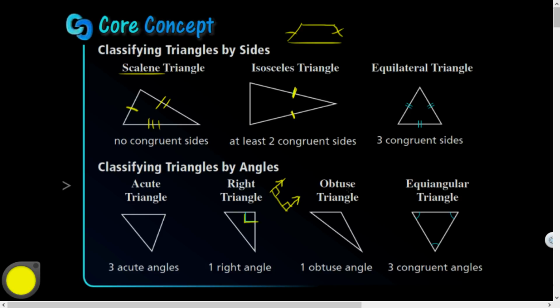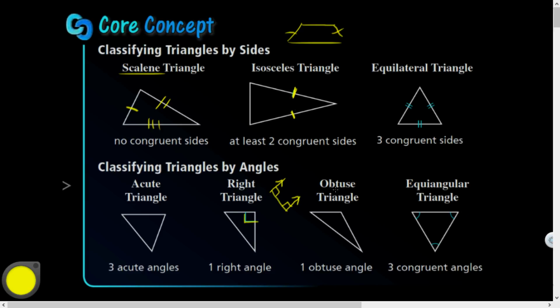An obtuse triangle has one obtuse angle, and similar to a right triangle, there can only be one. And an equiangular triangle has three congruent angles. Actually, it turns out these are the same triangle as an equilateral one. True story.